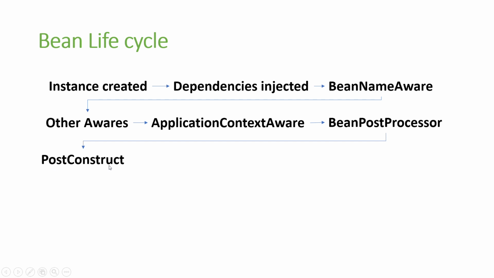If you annotate a method with PostConstruct, then Spring will call this method after all these steps. Normally we use PostConstruct for initialization purposes. If you want to do some operations after the bean is created, or initialize something, then we use PostConstruct.